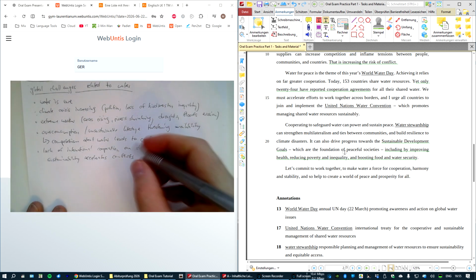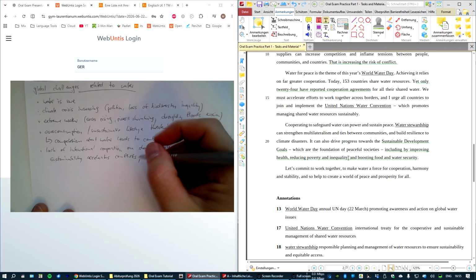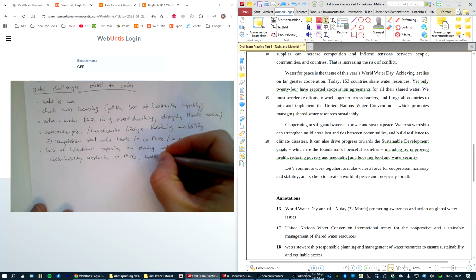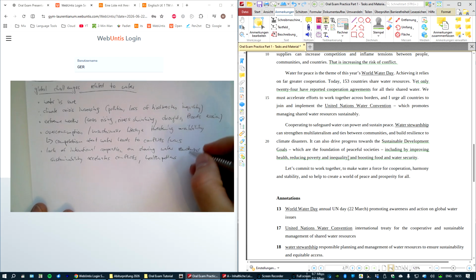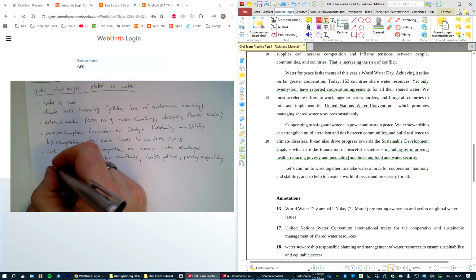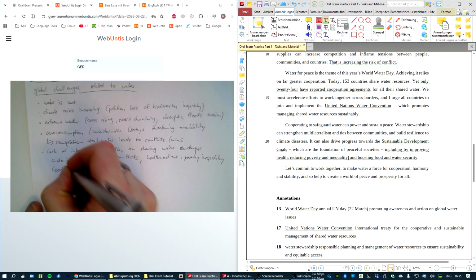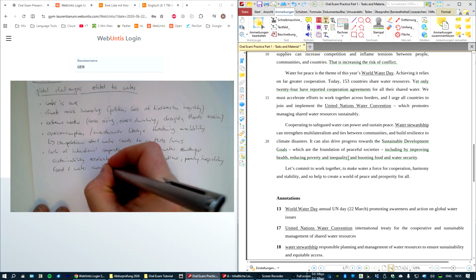And then everything what's written down here: health conflicts or health problems, poverty, inequality, food and water security or availability.